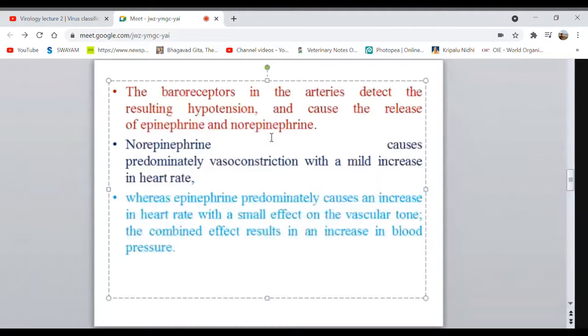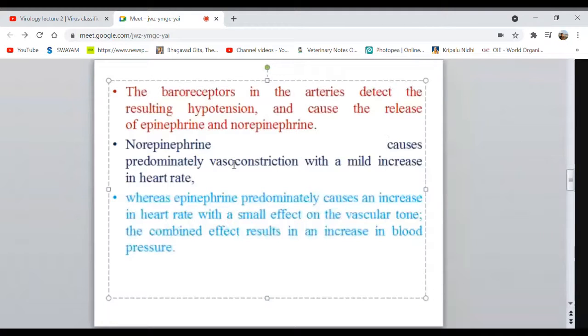The norepinephrine mostly is responsible for causing the vasoconstriction, and there is also an increase in the heart rate.